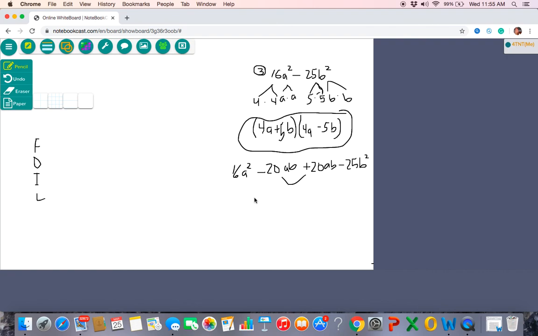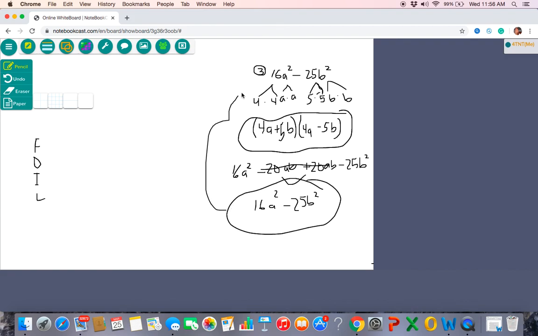So my final simplified answer is 16a squared minus 25b squared. And there's my lovely answer, and that is the same. So I've double checked that I did this factoring correctly. I hope that helps.